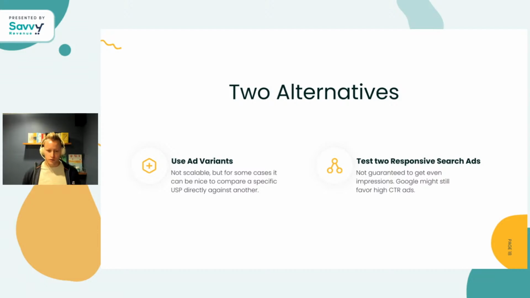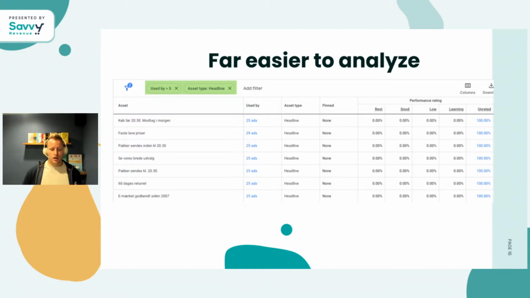So there's 2 alternatives to this. You can use ad variants, which is basically just campaign experiments. It's not that scalable. So if you want to go in and say, okay, 6-day return window, and then compare that to free shipping, you can only do that one test. And for large accounts, that's not a lot to do.